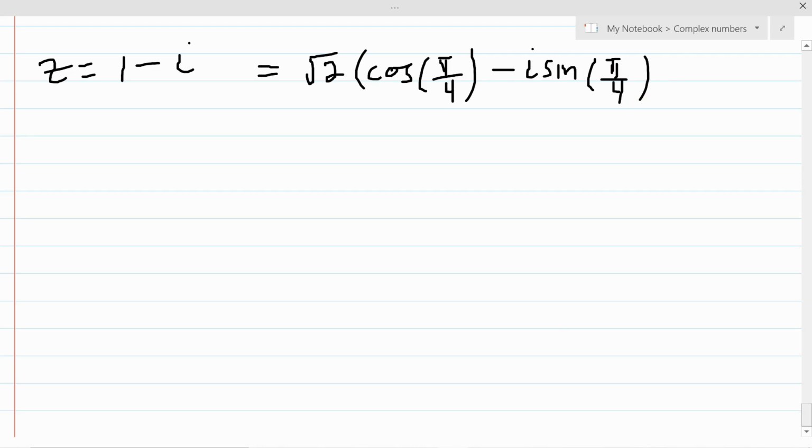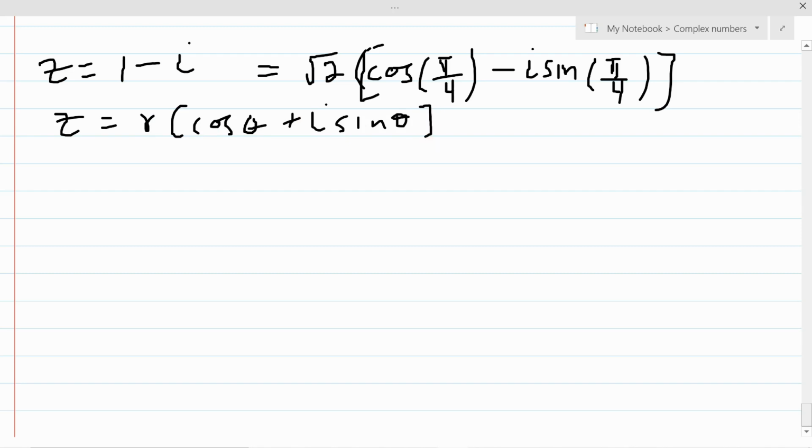Now from the formula that we generated, there's a name for the formula, very soon we will state the name. We said if you have z equals r into cos theta plus i sine theta, then z to the power n is equal to r to the power n cos of n theta plus i sine of n theta.